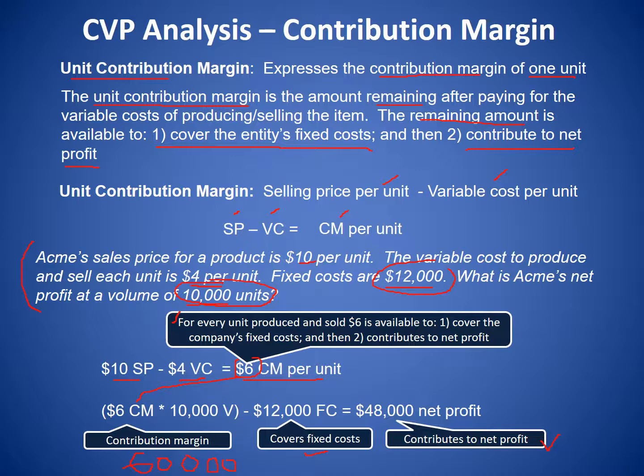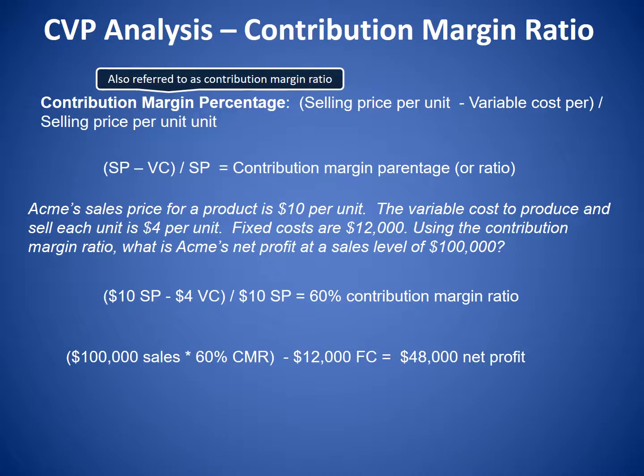Okay, now let's go on and expand the concept of contribution margin into another representation of the contribution margin. Now we're going to call this contribution margin not a unit, but a contribution margin ratio. It's also referred to as contribution margin percentage. So contribution margin ratio and contribution margin percentage mean the same thing.